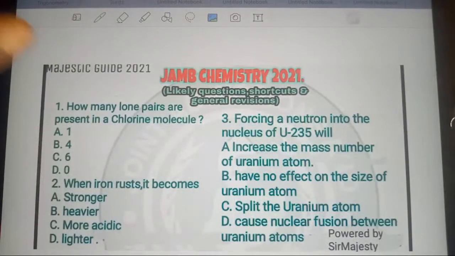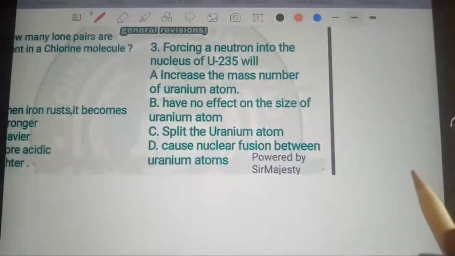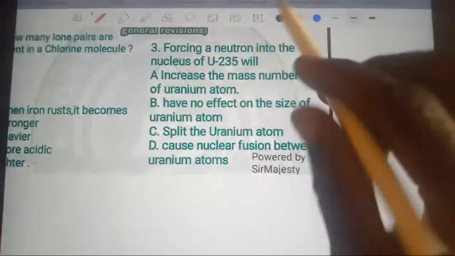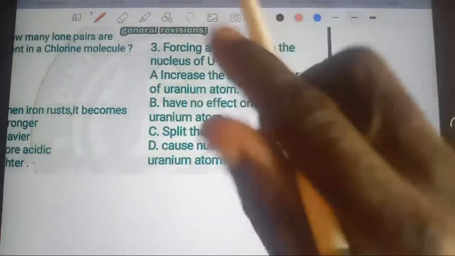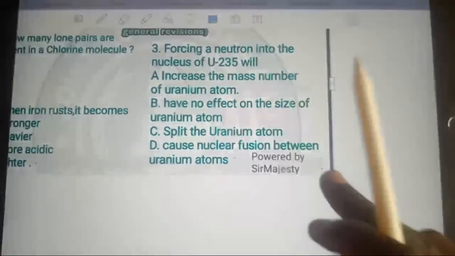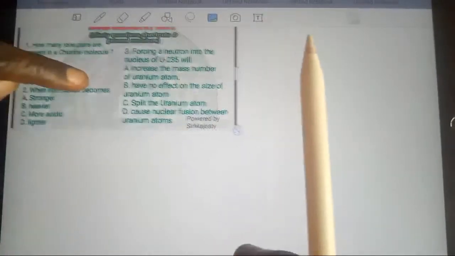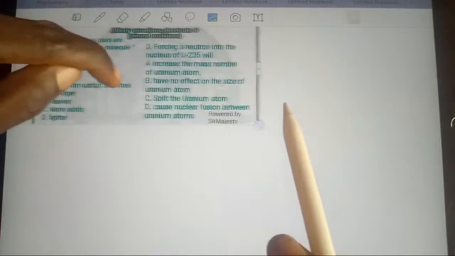Let us see the correct answer now. I will minimize this, put it aside, and I give you the solution to that. Okay, the answer will come now after I prove it here.